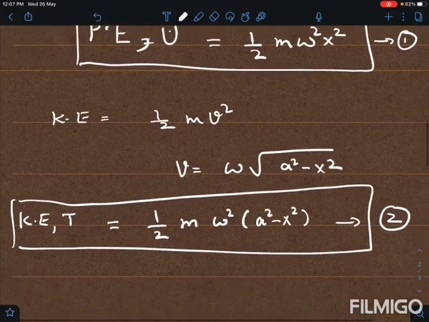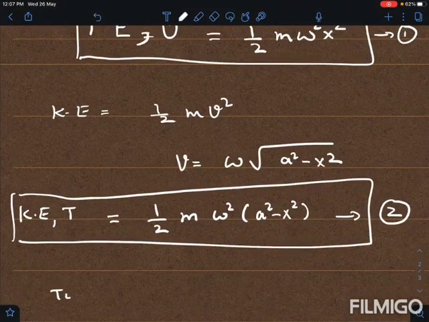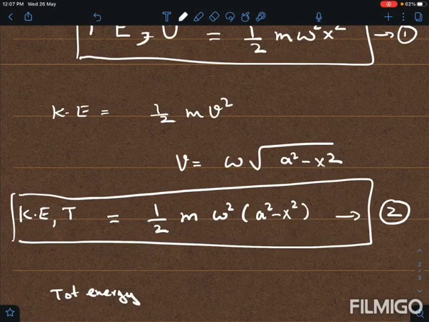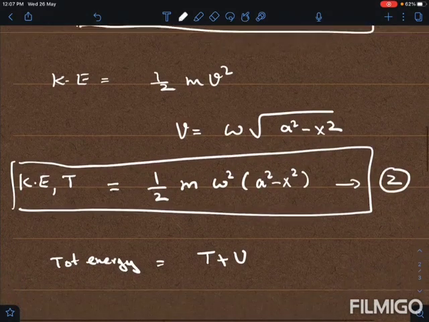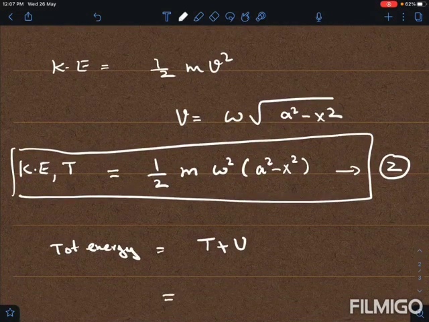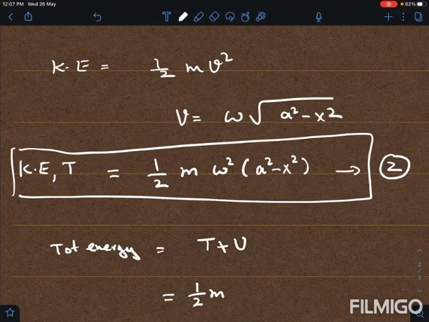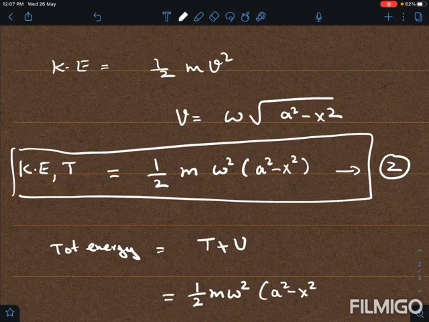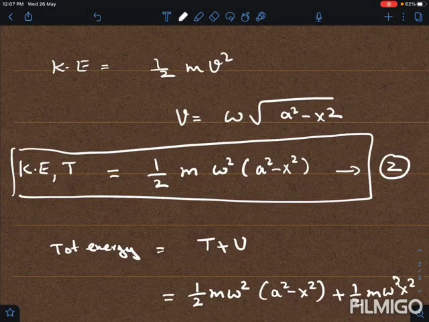Therefore total energy is equal to T plus U. T, equation 2, says half m omega square into A square minus x square, and U is plus half m omega square x square.